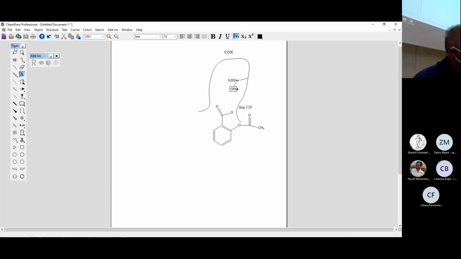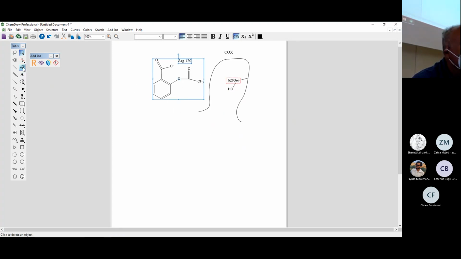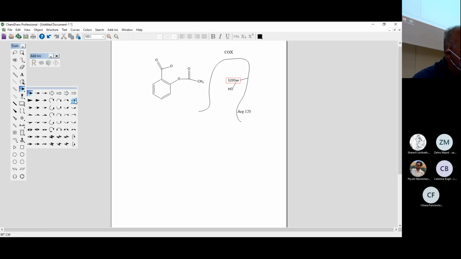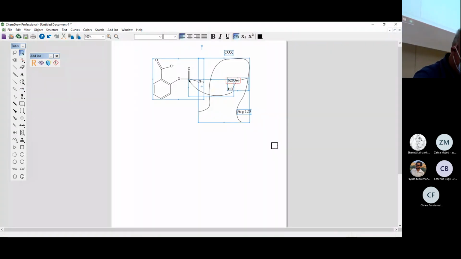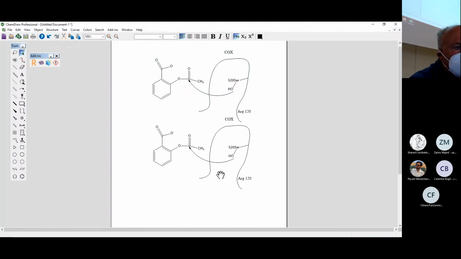This alcoholic group is able to give a nucleophilic attack to the carbonyl of the ester function. And so the final result is the formation of the acetylation of this OH.